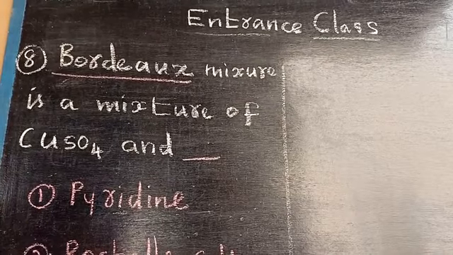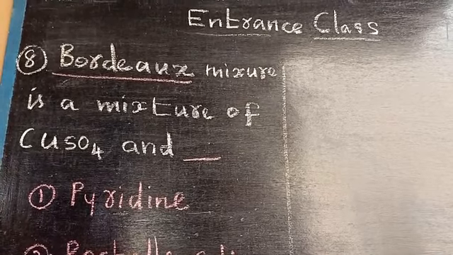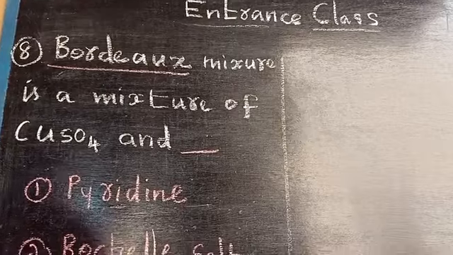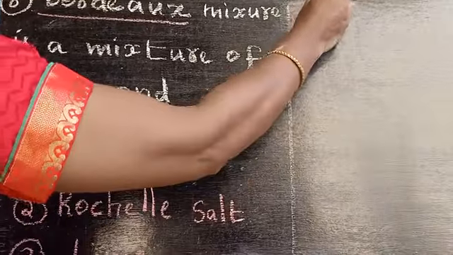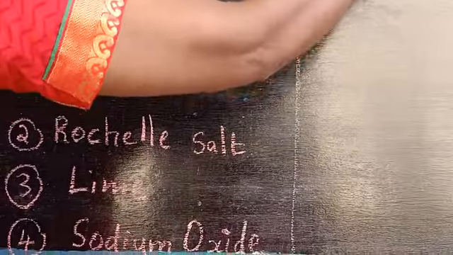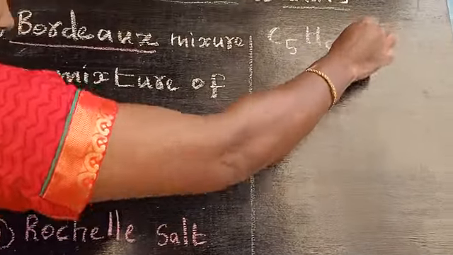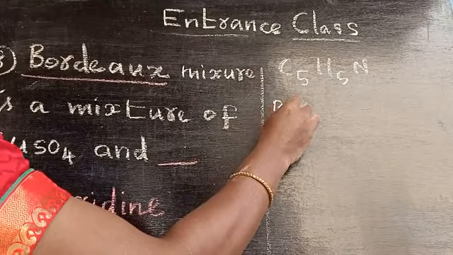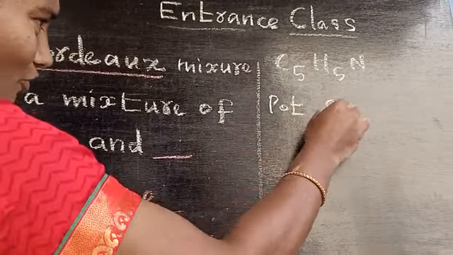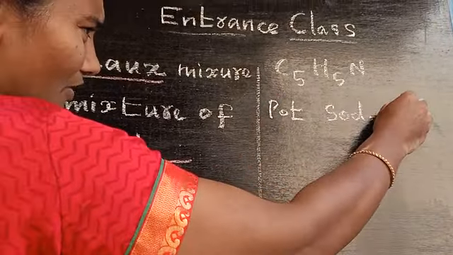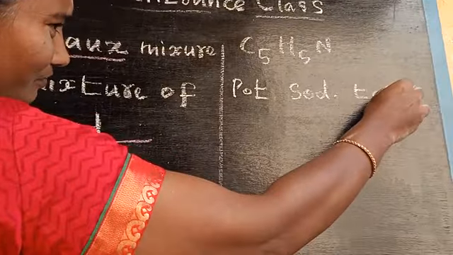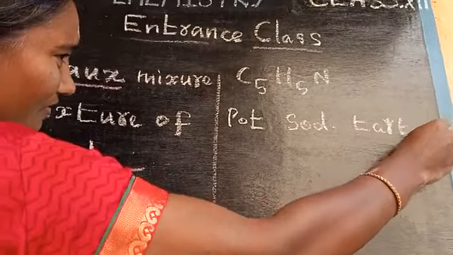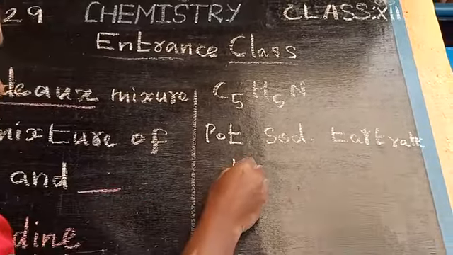So first pyridine, we know the formula. What is the pyridine formula? That is C5H5N. Rochelle salt means potassium sodium tartrate tetrahydrate.